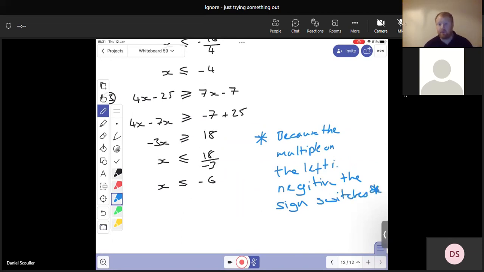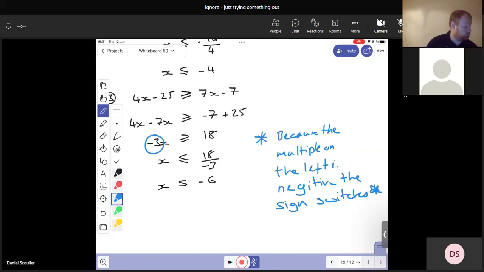Okay, everything else we do, any other numbers, additions, subtractions, any other positive multiples that we move left to right, okay, symbol doesn't switch. Only when we've got a negative.